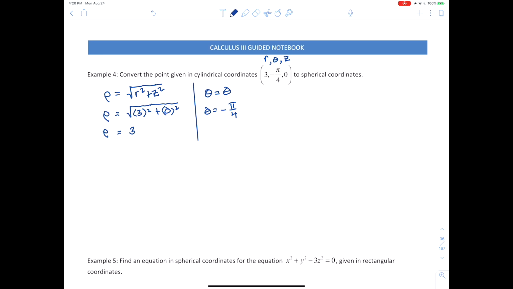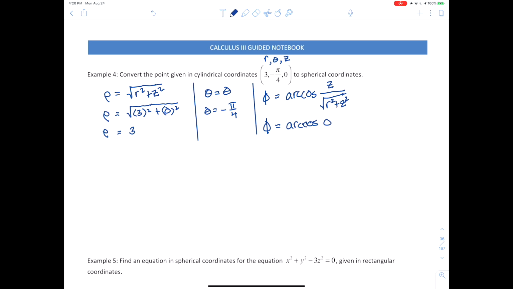And then now we've got to do a little more work. Phi is equal to the cosine of z over the square root of r squared plus z squared. So phi is equal to the cosine of 0, right? Because z is 0.